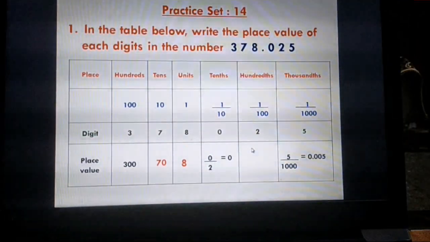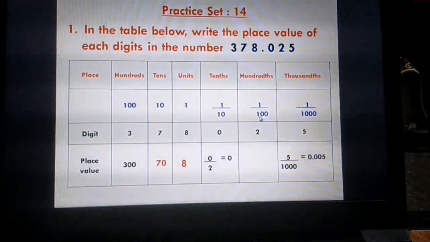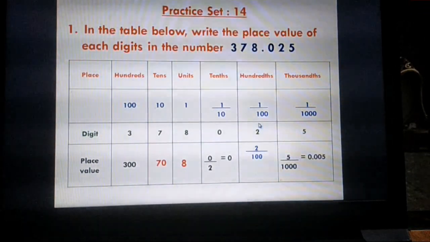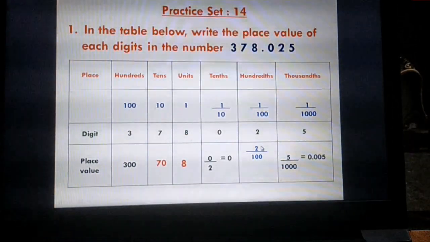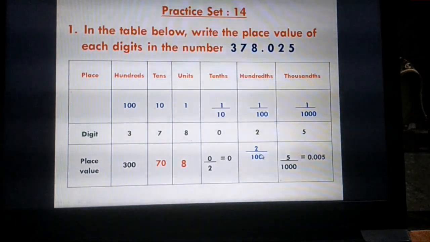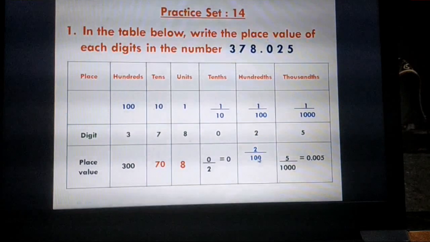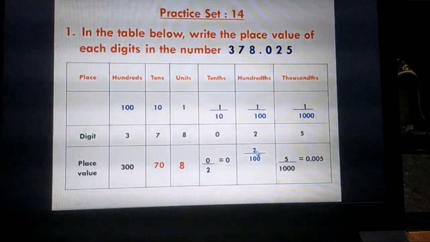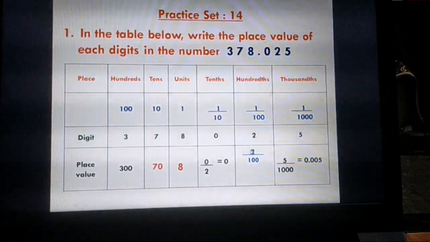Now we will do this column. Now look here, 2 is given here and it is divided by 100. Correct? It means 2 upon 100. Right? Now how to convert this into a decimal fraction? As I told, see how many zeros are there in the denominator? 2 zeros are there. It means the decimal comes 2 places from the right of the digit.